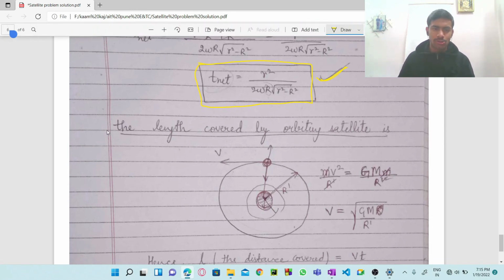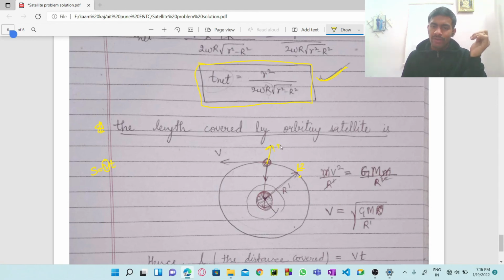But one more question was also mentioned at the last, that is how much distance does my satellite, which was orbiting around the orbit that we mentioned as L2, I suppose, how much distance would it have covered? That is simple, it would be moving with a constant velocity, so distance equal to speed into time. Its speed can be found with the help of balanced force, because it's moving in a circular path.